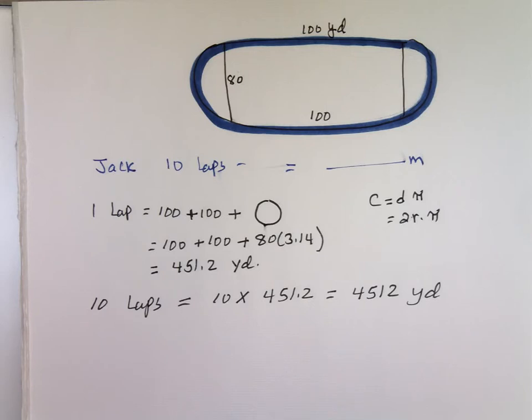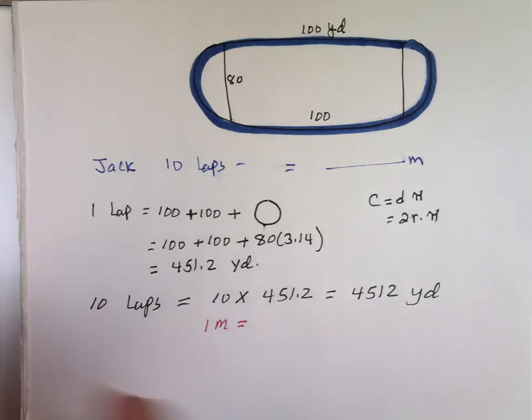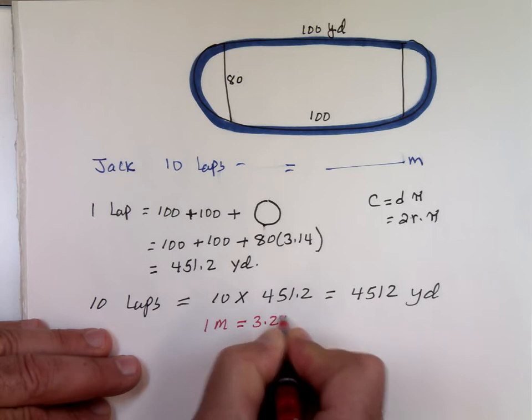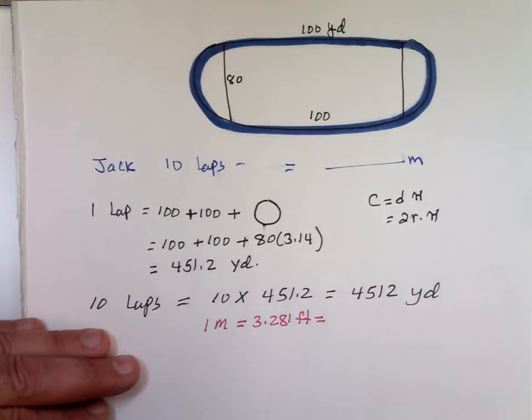Do I have meters to? No, I see 1 meter equals, this is what I see. 1 meter equals 3.281 feet, which is also equal to 39.4 inches.